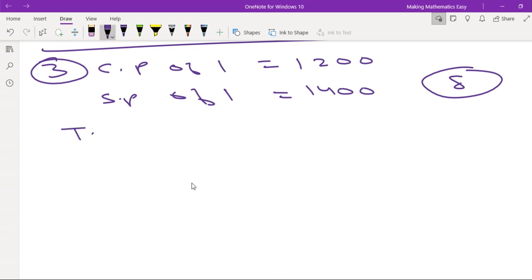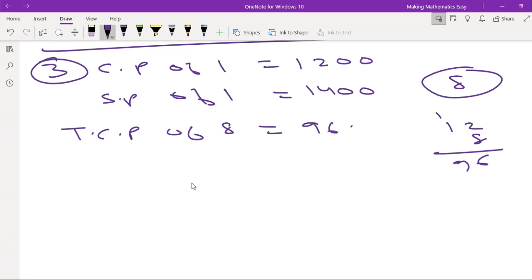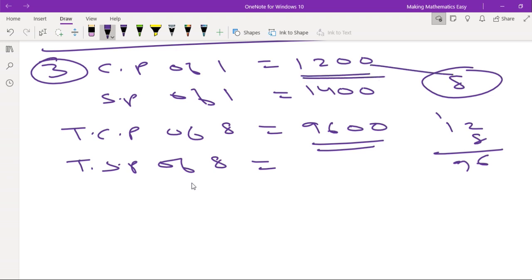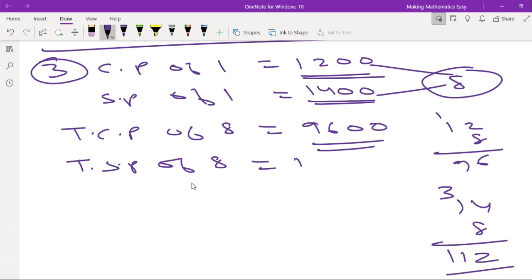You can find out the total cost price of 8 articles, which will be 1200 into 8, which is 9600, correct? Then you can find out the total selling price of 8. Similarly, for selling price we will get 1400 into 8, which will be 11,200.